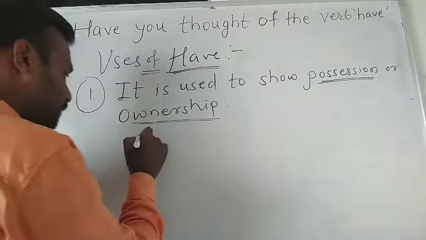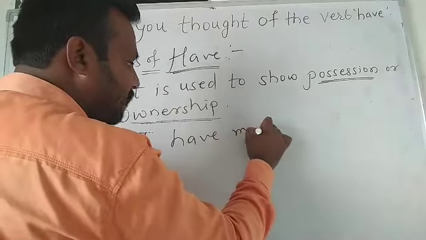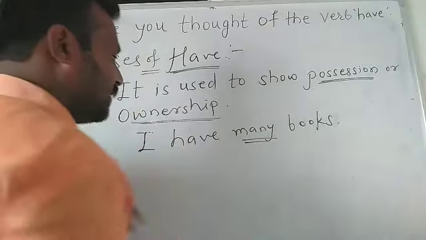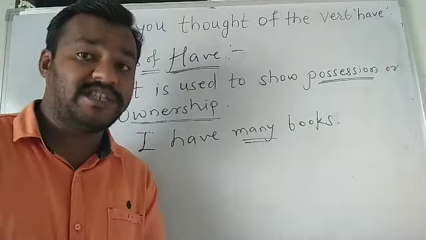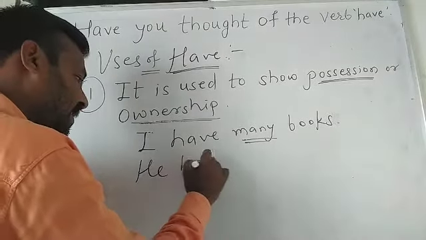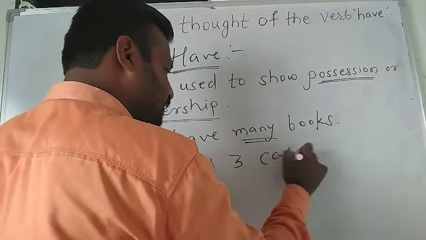For example, I have many books. I am showing possession, and I am showing ownership of that. Another example: he has three cars.